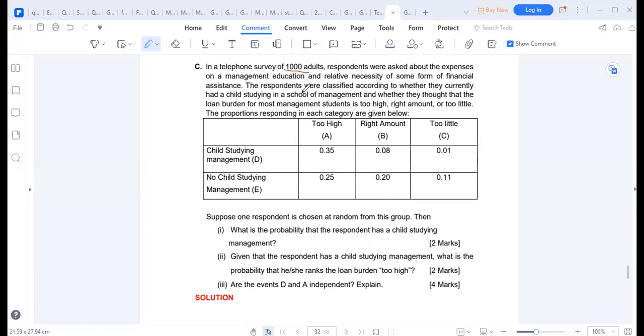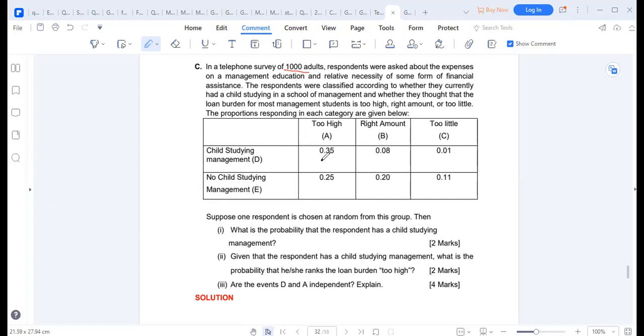The respondents were classified by whether the child is studying in a school of management, or whether they thought the loan was a burden on the students, categorized as too high, right amount, too little. Now, with 1,000, you can just multiply the percentages on each of them.